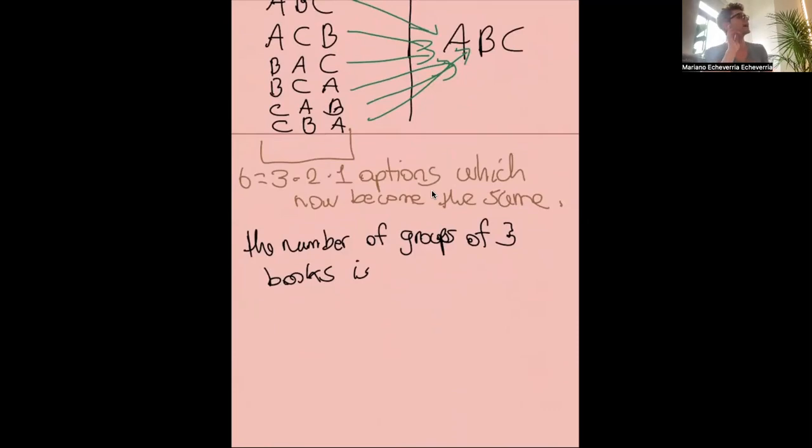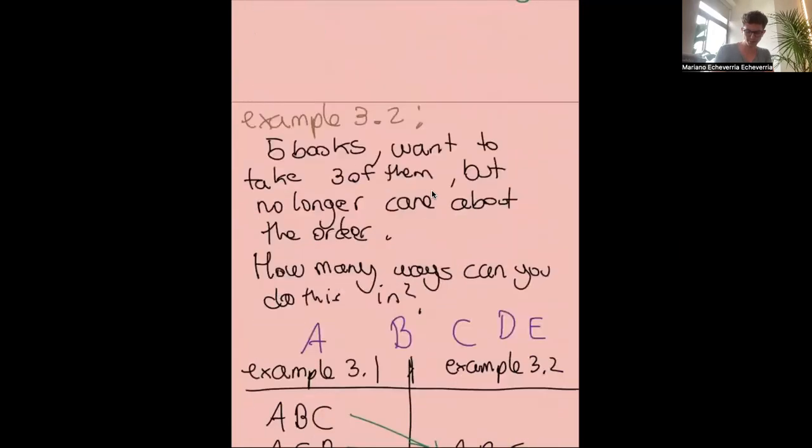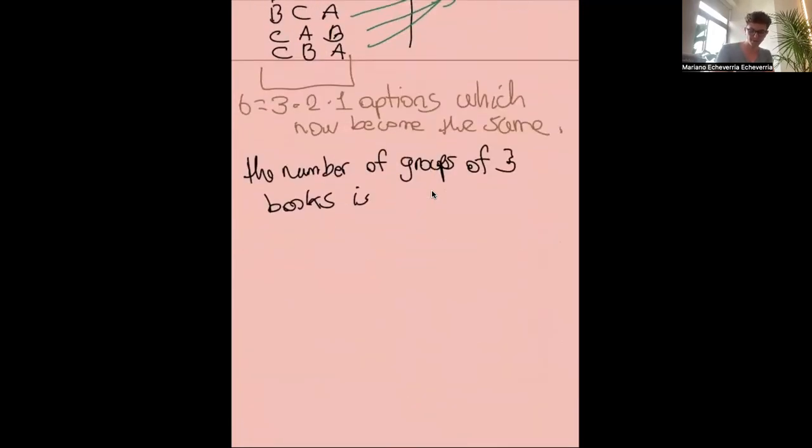No, yeah. So I meant, okay, I get you now. So I meant just how many of the 5 books, if you grab 3 at a time, in how many ways can you do that? Yes. So it would be the previous answer, 5 times 4 times 3, divided by 6. So that gives you 60 divided by 6, which is 10.